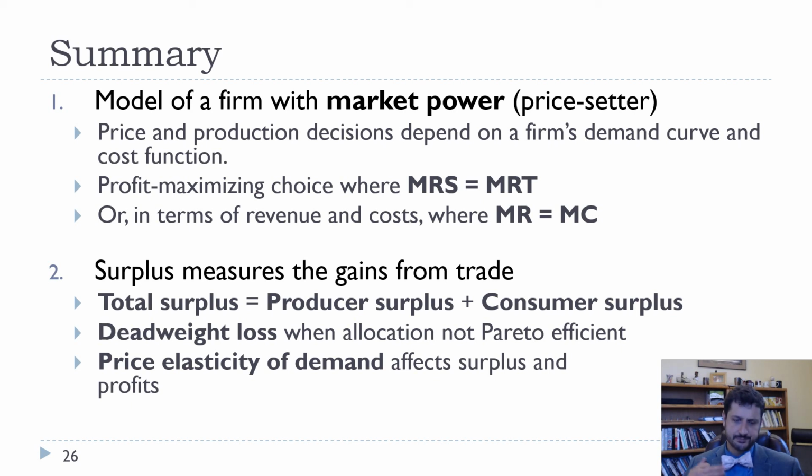We said firms' profits are going to depend on price elasticity of demand, and profits will be higher with more inelastic demand, where the price elasticity is lower, less than 1, and markup and profit will be lower when the price elasticity of demand is higher or greater than 1.